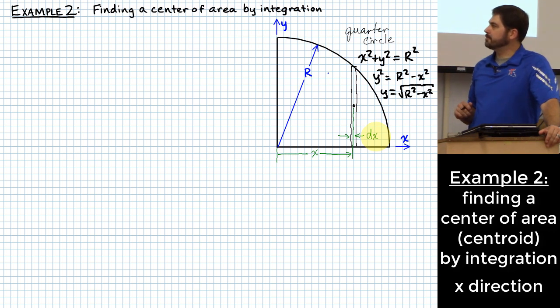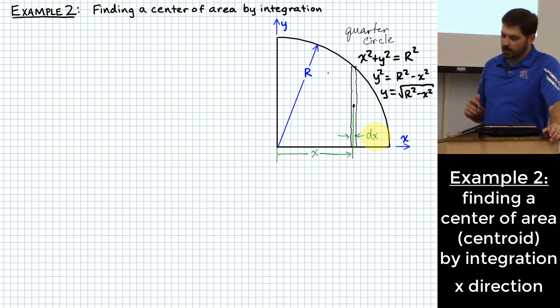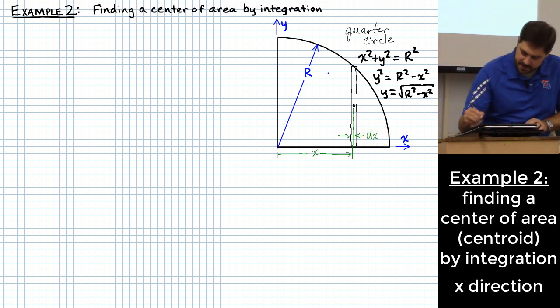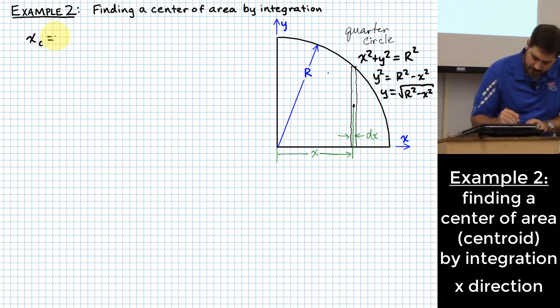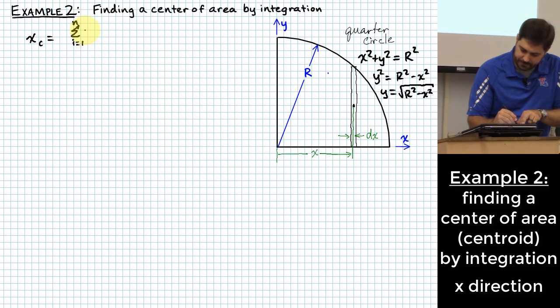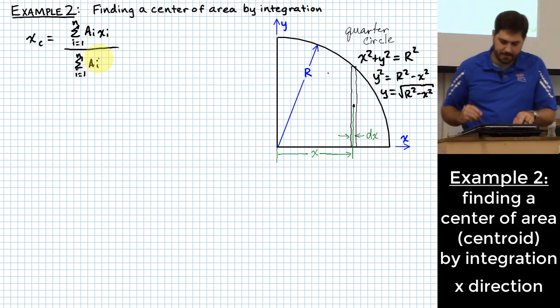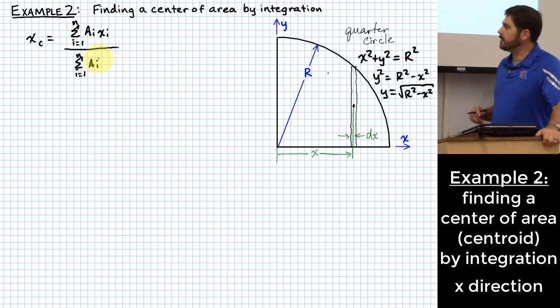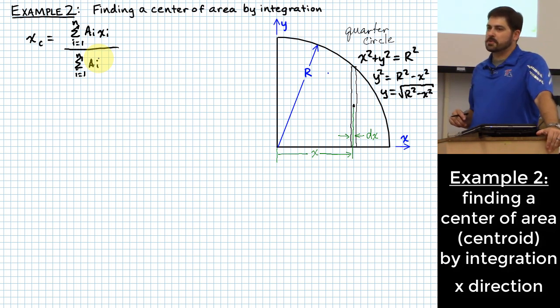Good place to start. Now let's think about our formula. We're saying that x sub c is going to be equal to the sum from i equals 1 to n of a_i x_i over the sum from i equals 1 to n of a_i. Now, how many terms do I have now that I made that thing infinitesimally small?